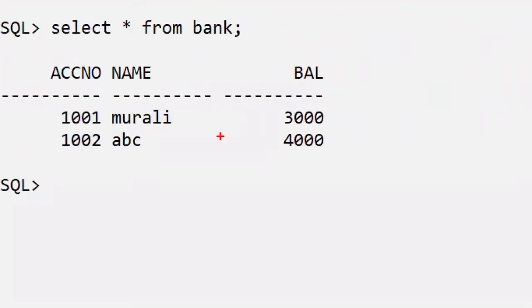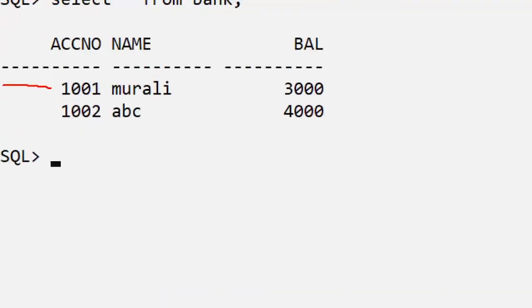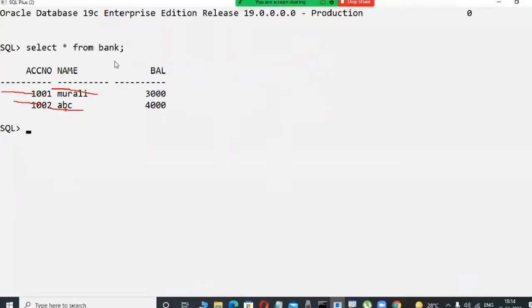In a table format only, we store the data. Suppose this is an SBI bank, and this is the data. Observe here, these are columns: account number, name, and balance. These are called columns, and these entries like 1001 are called rows or data.